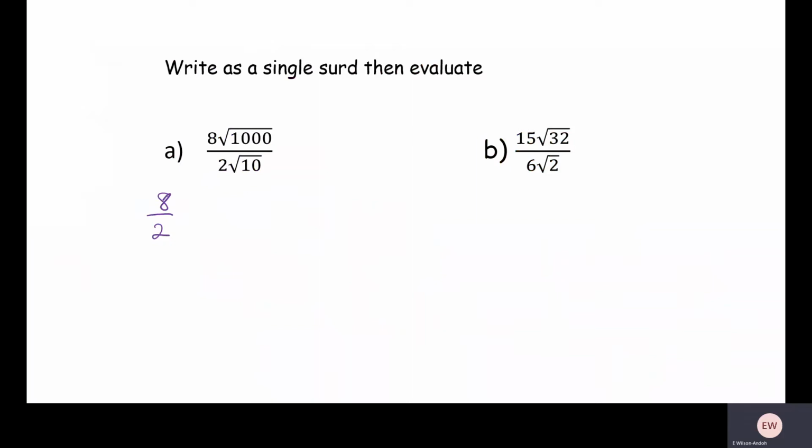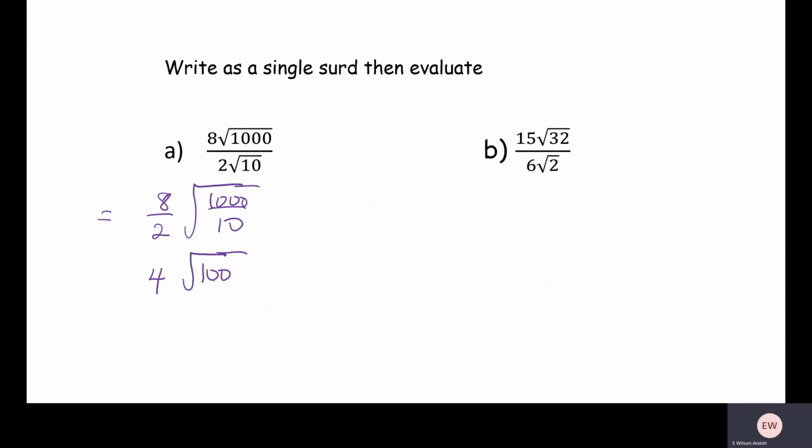And then we write the surd as a single surd, the numerator and then the denominator. So we write this one as 1000 over 10. And 8 divided by 2 will give us 4, and 1000 divided by 10 will give us 100.